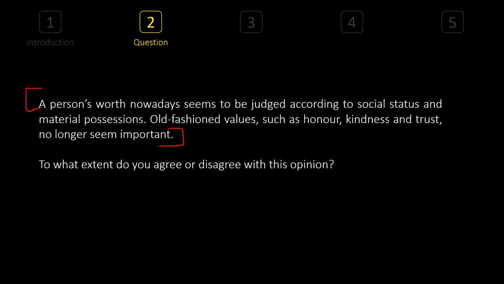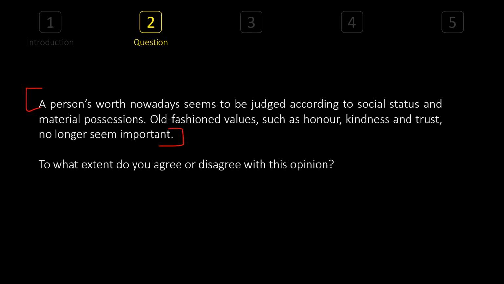A person's worth nowadays seems to be judged according to social status and material positions. Old-fashioned values such as honor, kindness, and trust no longer seem important. This is the question statement. And the question itself is, to what extent do you agree or disagree with this opinion? So this is the question that you have to understand.